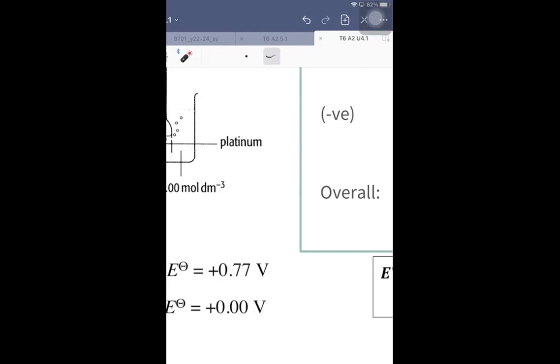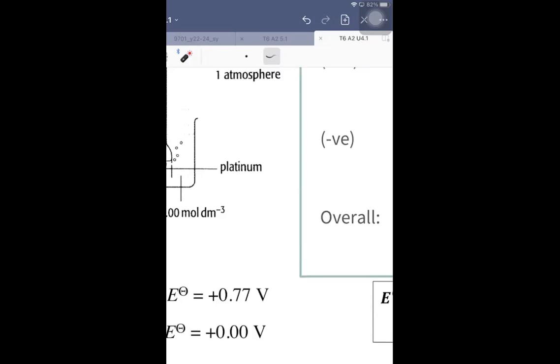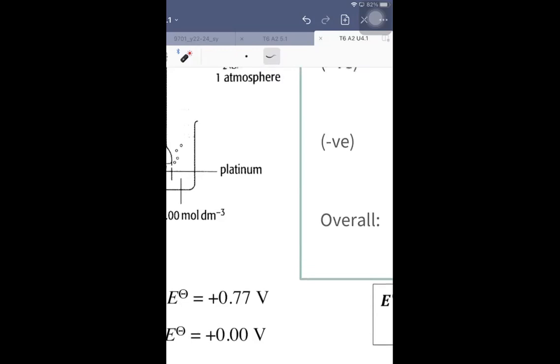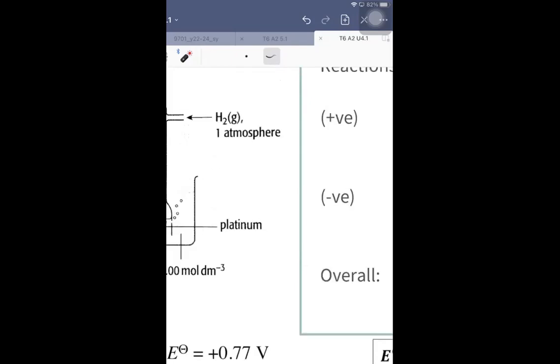I don't know if you can see here, but there is a label called platinum. That is the electrode, just so that the setup is complete and connected. That's why we use platinum, because it doesn't have any effect on the Fe2+ and Fe3+ system.